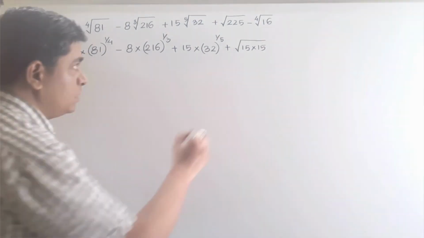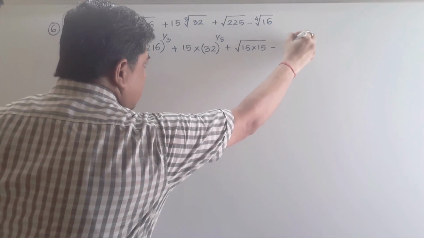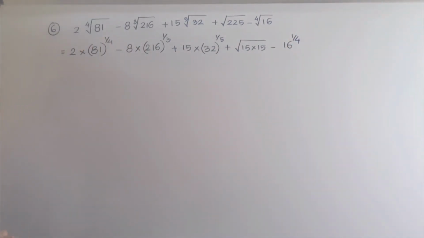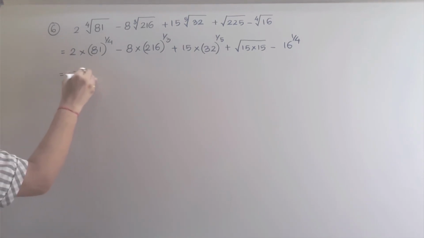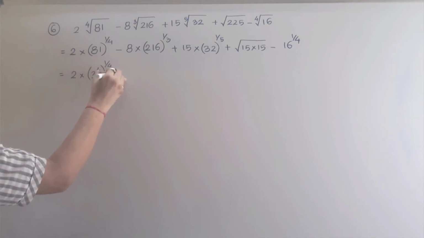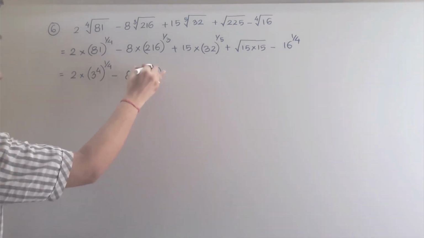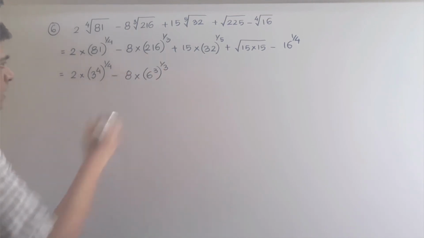And 16 to the power 1 by 4, I can write down like this. Now 81 I will write down here as 3 to the power 4 whole power 1 by 4, minus 8 into 6 to the power 3 whole power 1 by 3.